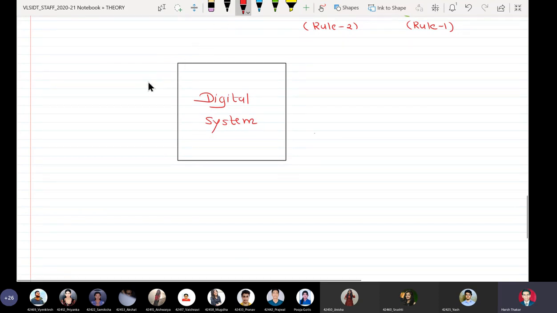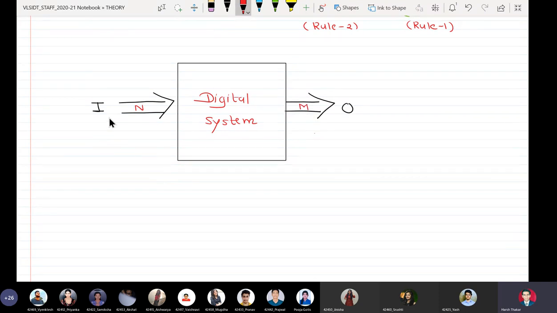This particular system has n inputs. A digital system has n number of inputs, and this system has m number of outputs.